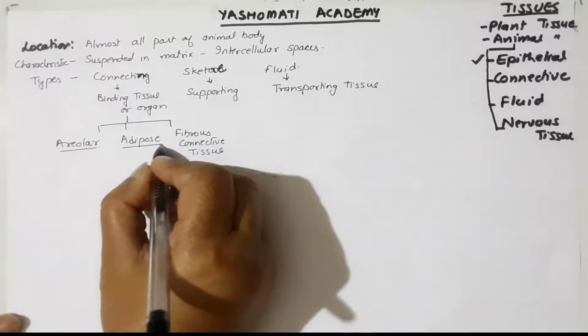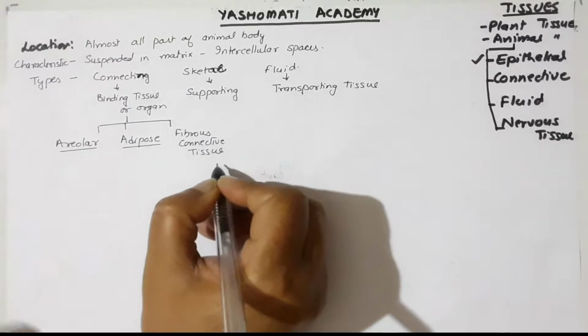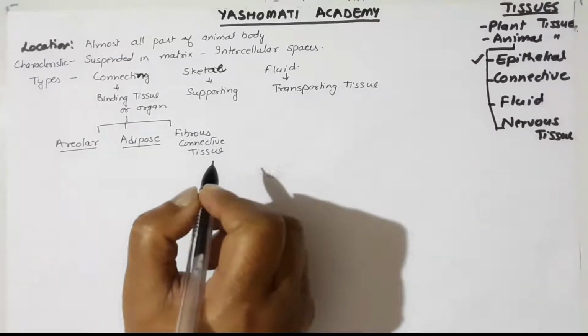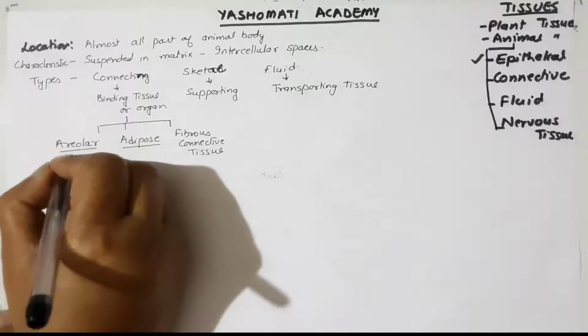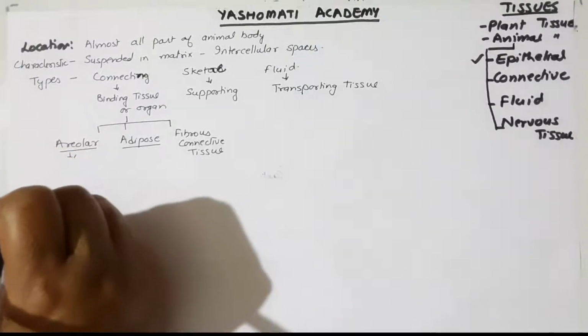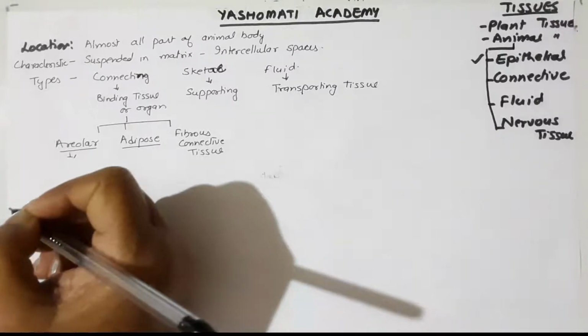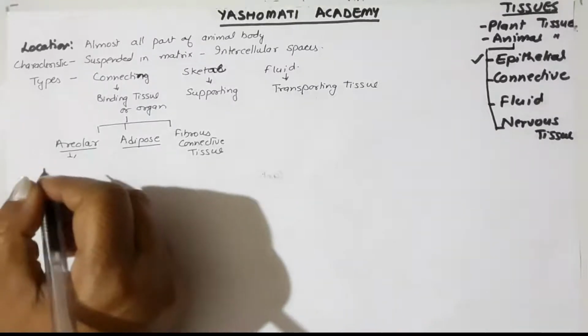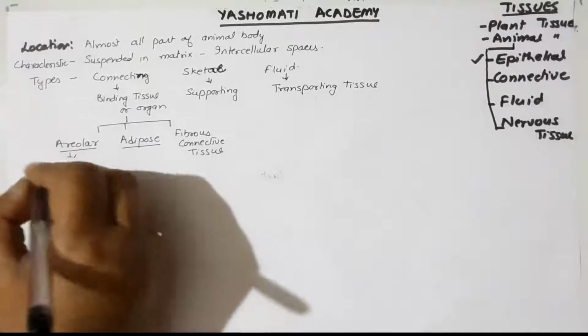Areolar tissue, adipose tissue, and fibrous connective tissue. Areolar tissue, it is present in the form of thin sheets and it binds skin with the underlying tissue.